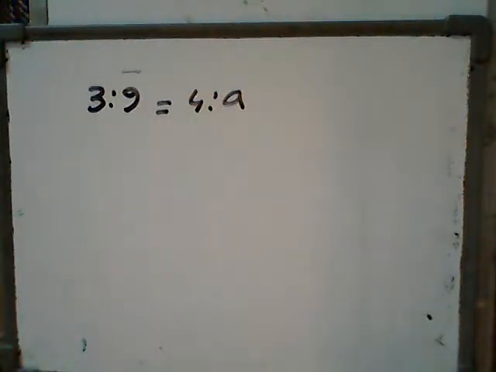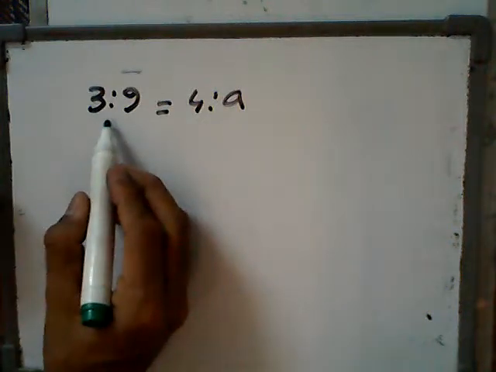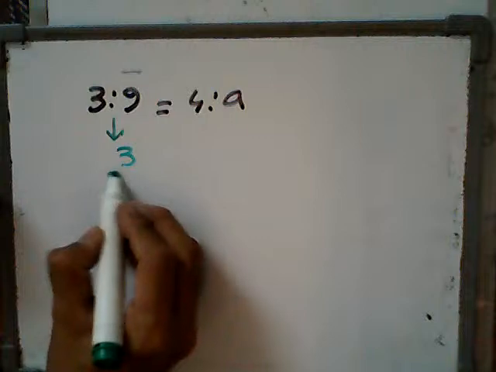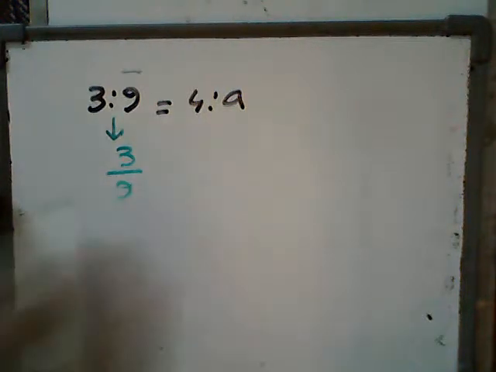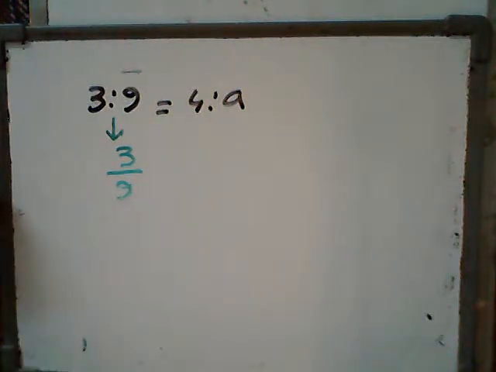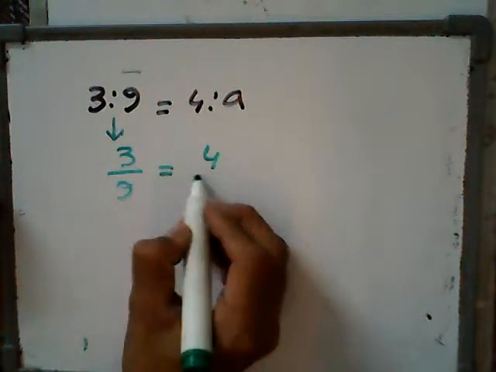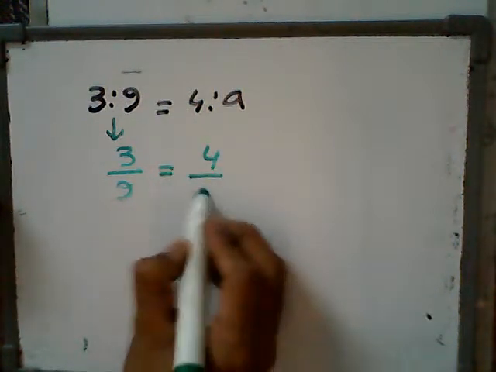Now, this ratio problem could also be simplified into the form of a fraction. This could be converted into the form of 3 over 9. Similarly, on the other side, this could also be written as a over 12.